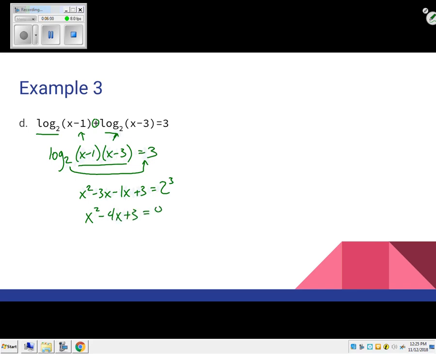And I'm just hoping this one factors at this point. I get x squared minus 4x. Let's see, if I subtract 8 off both sides, that gives me a negative 5. Ooh, I lucked out, it factored. So x minus 5, x plus 1. So I get x equals 5 and x equals negative 1.